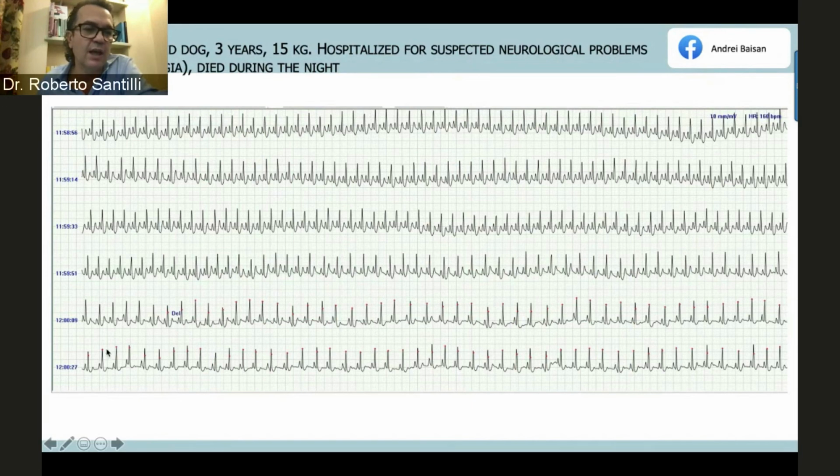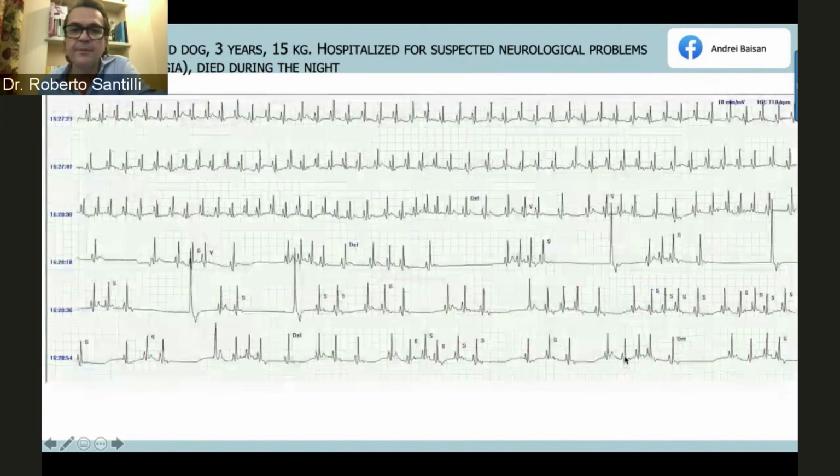What I don't like is if we remain also with a normal rate. And you can see over time here that the ST segment was severely depressed also when the rate slowed down.